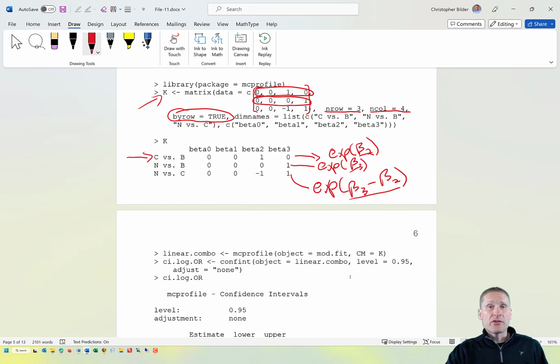Remember, the default for matrix is actually to enter by column, and so that won't give us the correct matrix. Then I put some nice descriptive names associated with the rows and the columns that we see here.